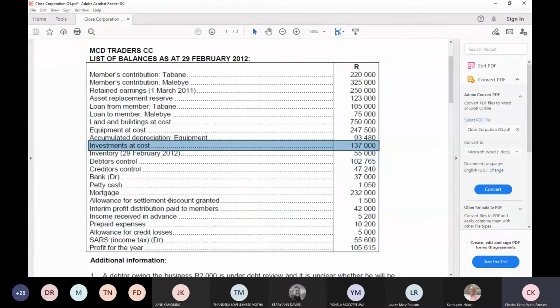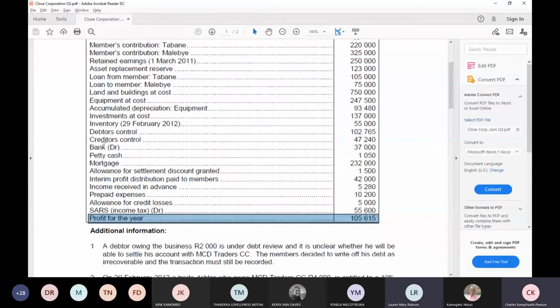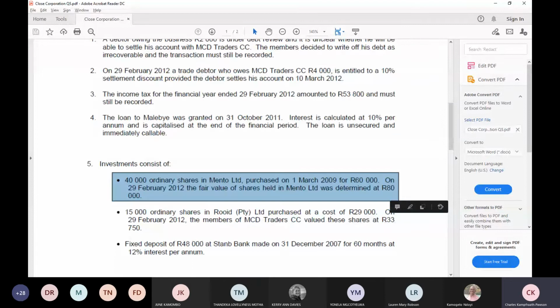They don't say investment at fair value. So if we show it at cost and we don't include the gain in profit, then my trial balance will balance. But the moment I include it in my profit, I must adjust my investment at cost as well. I must say investment at fair value. Okay, I think I'm following you. Thank you. So that's how I knew that adjustment must still be taken into account.